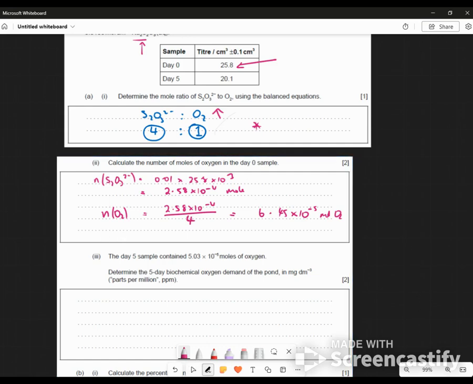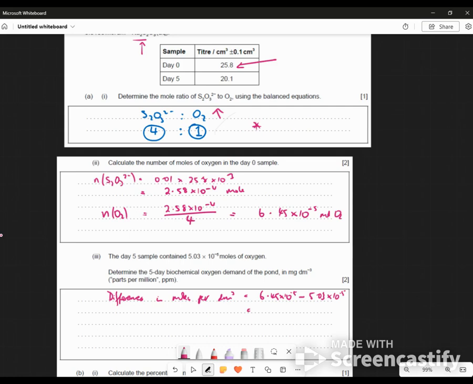All right, so now the difference in moles. The difference in moles per dm cubed is equal to 6.45 times 10 to the minus 5 minus 5.03 times 10 to the minus 5.